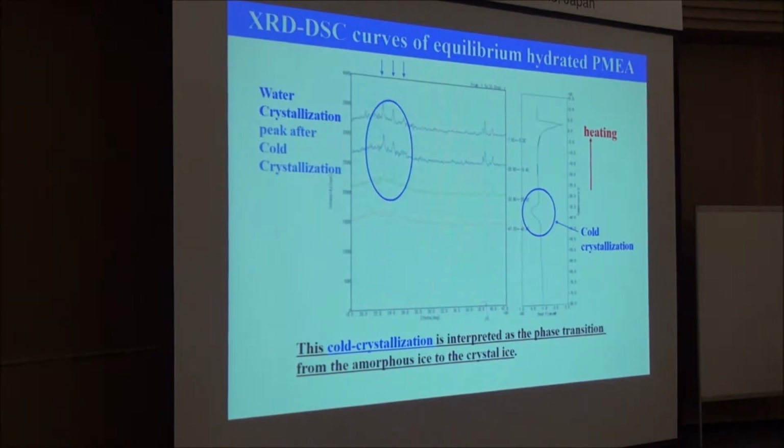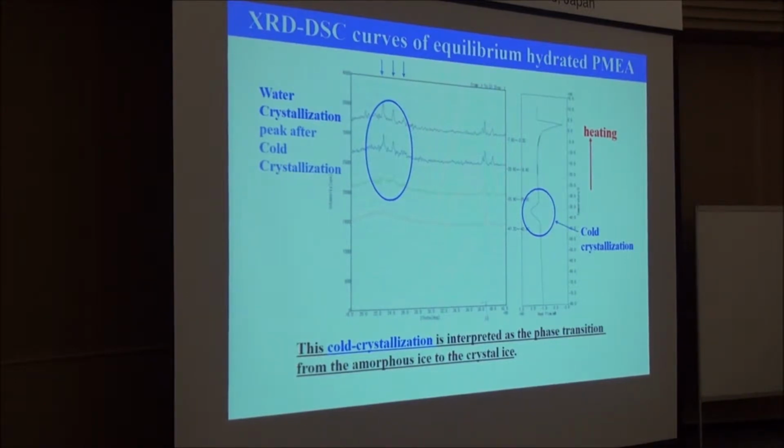Very simple. And we have already confirmed that this is from crystallization of ice. This is the sign of the cold crystallization. This is DSC and this is XRD. You see here, after the cold crystallization of water, we observe crystallization of ice like this.